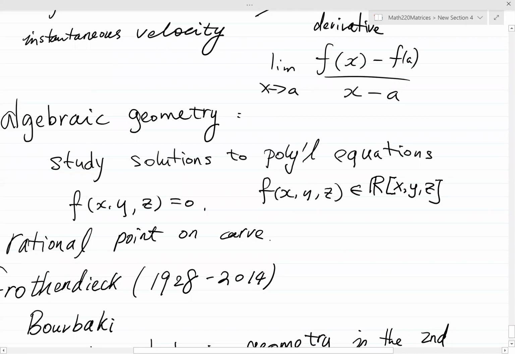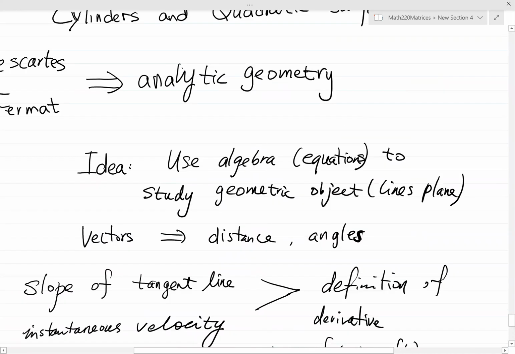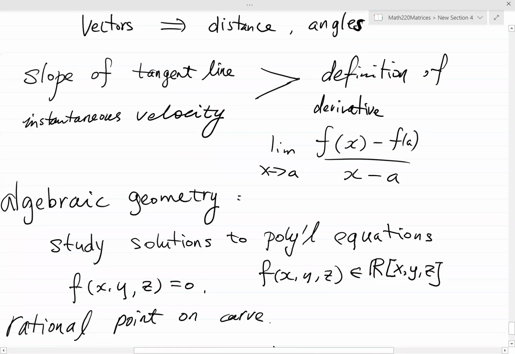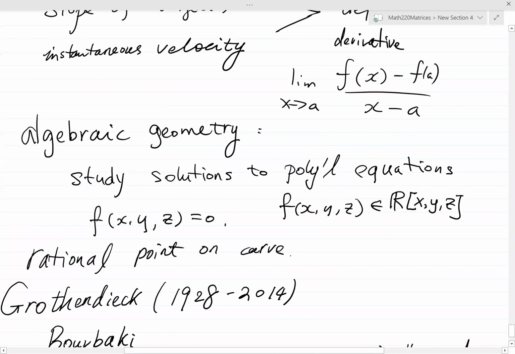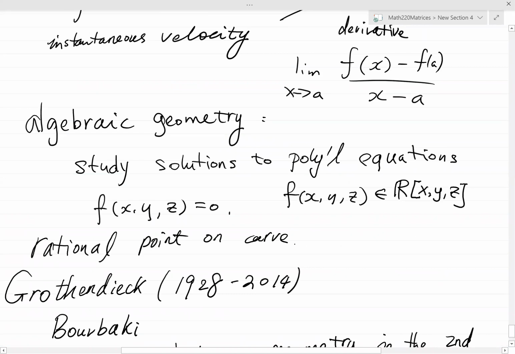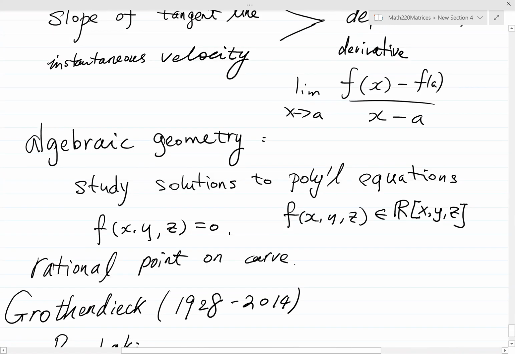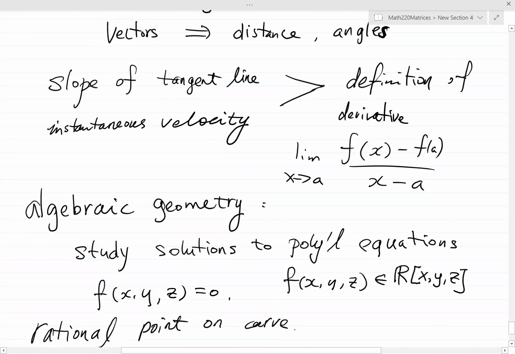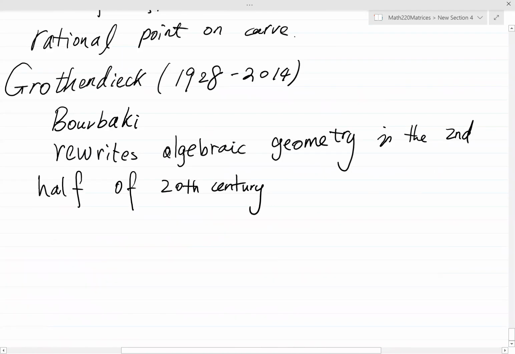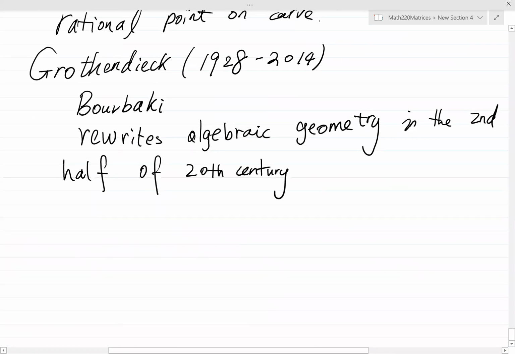In analytic geometry, we use algebra to study geometry. In some sense, the language that Grothendieck provides us today is exactly what happened 300 years ago, what Fermat and Descartes did. Of course, Grothendieck's language is another level of mathematics, so a generalized analytic geometry in some sense.